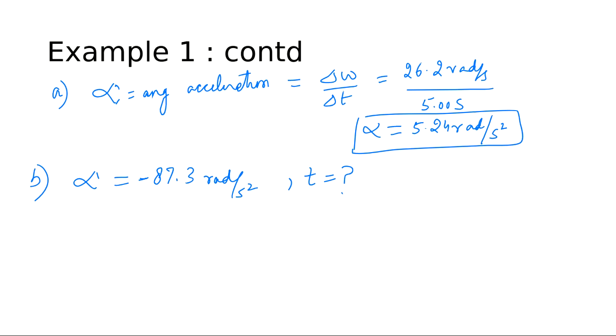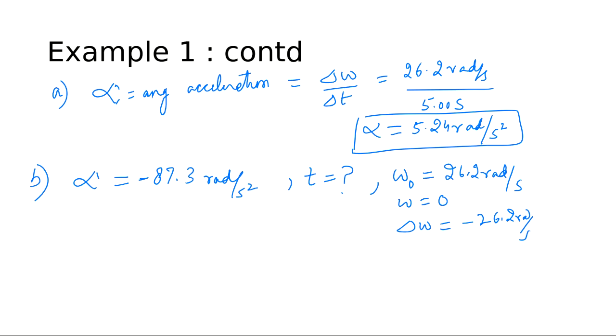Here the angular velocity has now decreased from 26.2. So our initial angular velocity is 26.2 radians per second. Whatever was the final in part 1 is the initial for part 2, and omega becomes 0. Therefore my change in angular velocity is minus 26.2 radians per second.